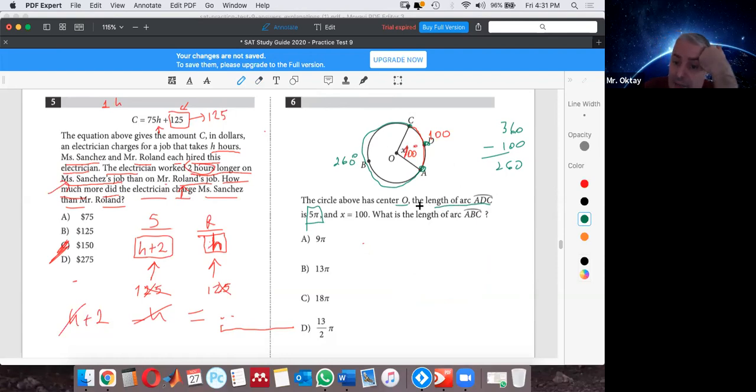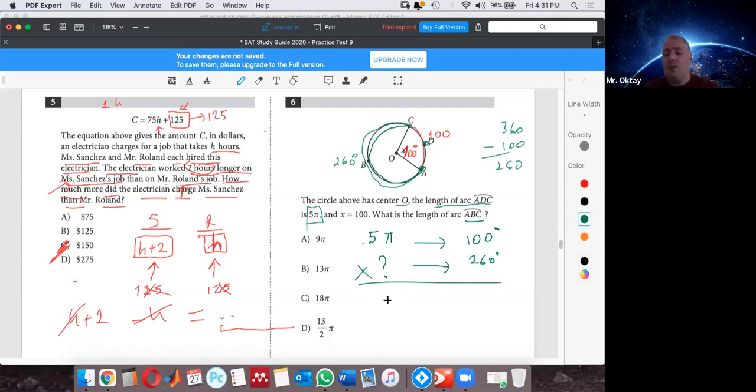It says that if arc ADC is 5 pi, and ADC is 100, I am asking you how many pi is ABC? Where is ABC? ABC is 260. So it's the ratio between two things.